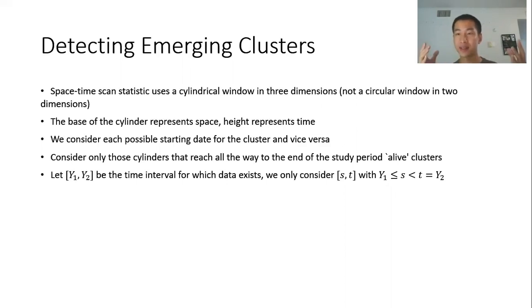So let's say this year is 2020. If the data is only collected up to the year 2020, we only consider those cylinders up to 2020. If the end year is 1998, then the cylinder time only ends at 1998. That's the time period you consider.